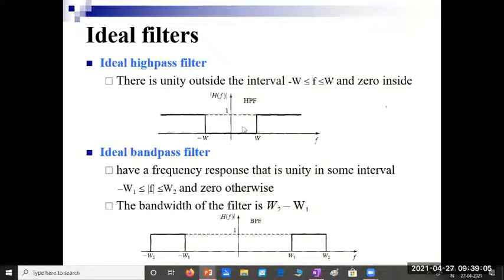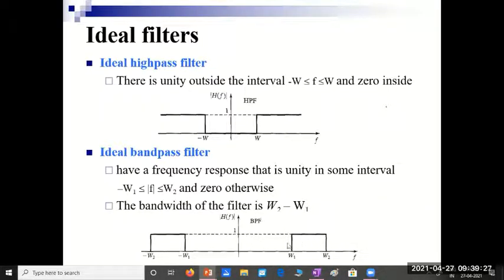An ideal high pass filter will do just the reverse. It will attenuate all the signals till the given cutoff frequency, after which it is going to pass all frequencies of the incoming signal. We have already studied all these filters and done it in the lab also, so we should be familiar.